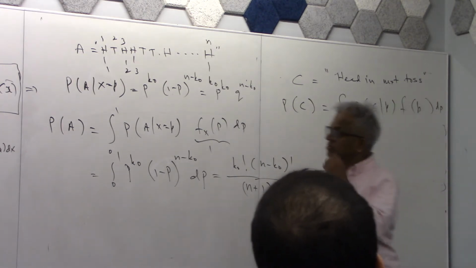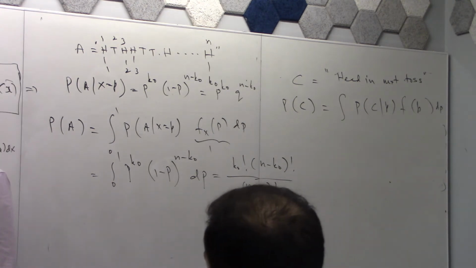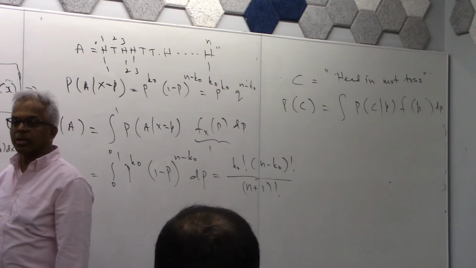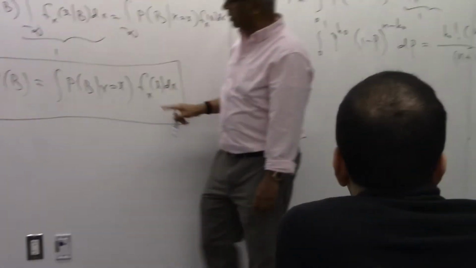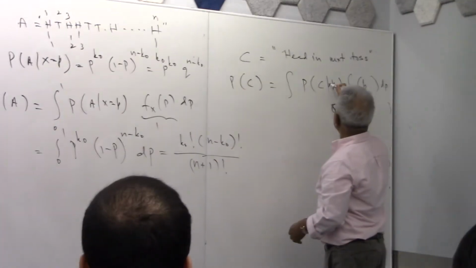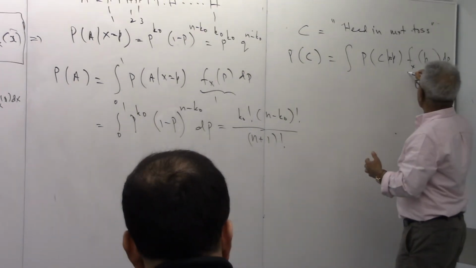Somewhere here, didn't we have this formula? Here. Probability of any event C is the probability of C given x equal to p, multiplied by f(p) dp. Right, so this is true. But as I said, you have to realize the context.